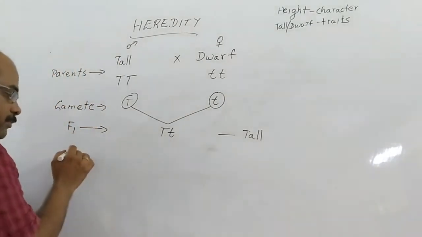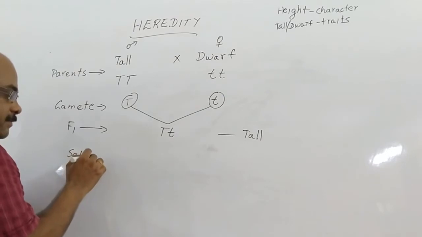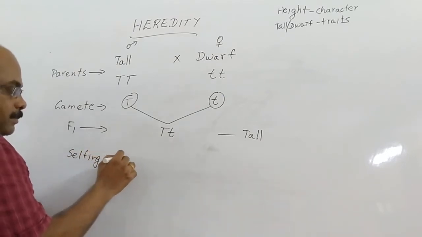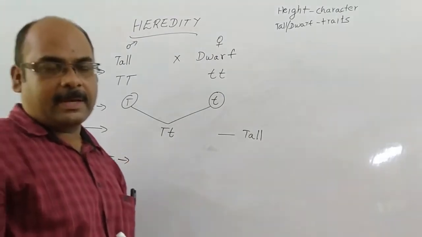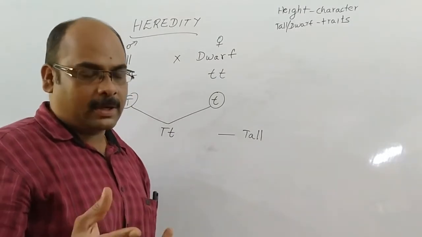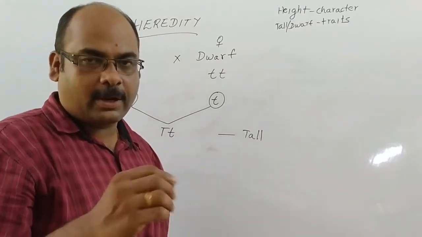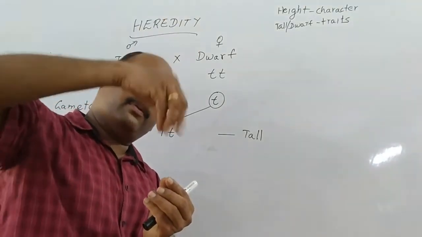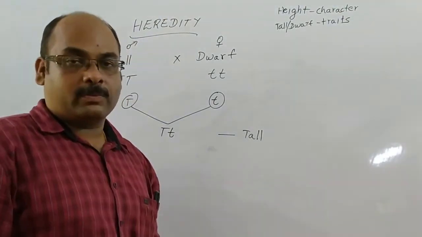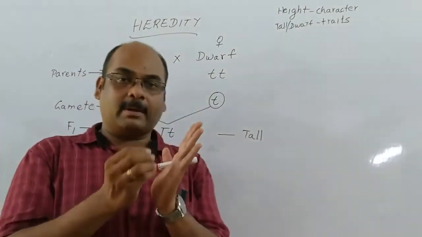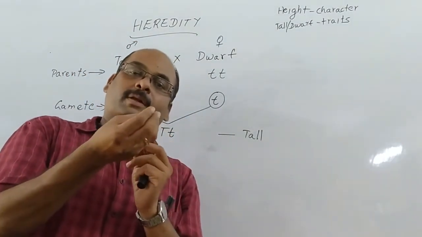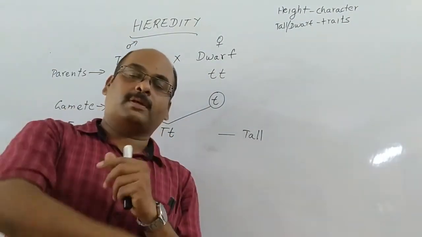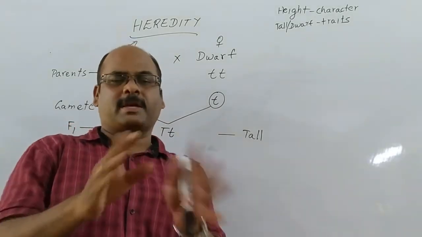For that you have to self the F1. This organism has a bisexual flower, so you can cross the male part to the female part of the same flower. The flower has both male and female parts, so the male pollen grains can be dropped on the stigma, the female part of the same flower.